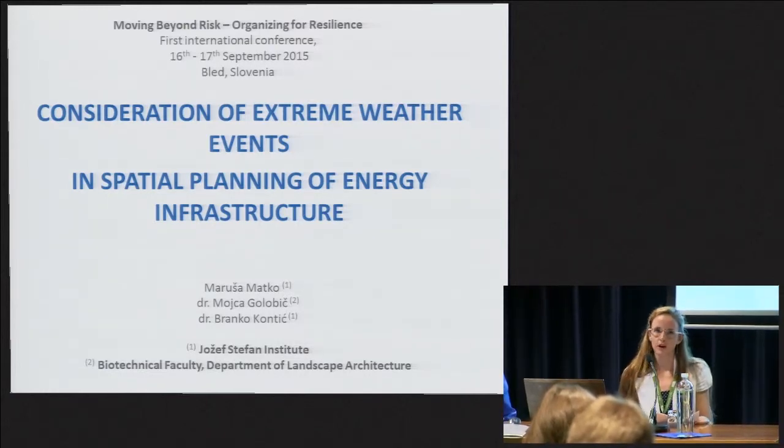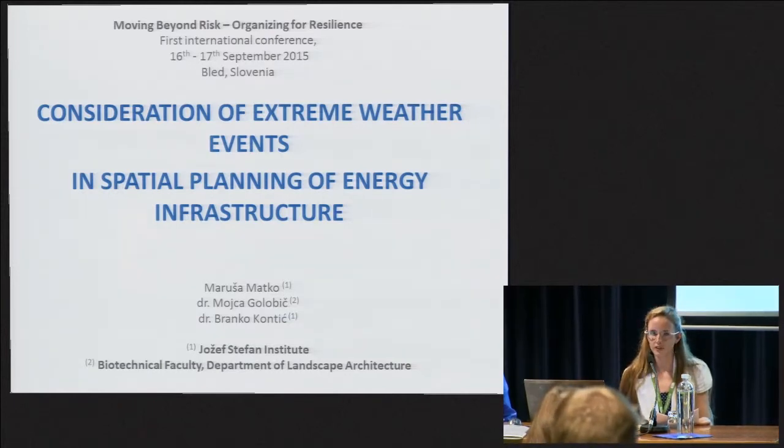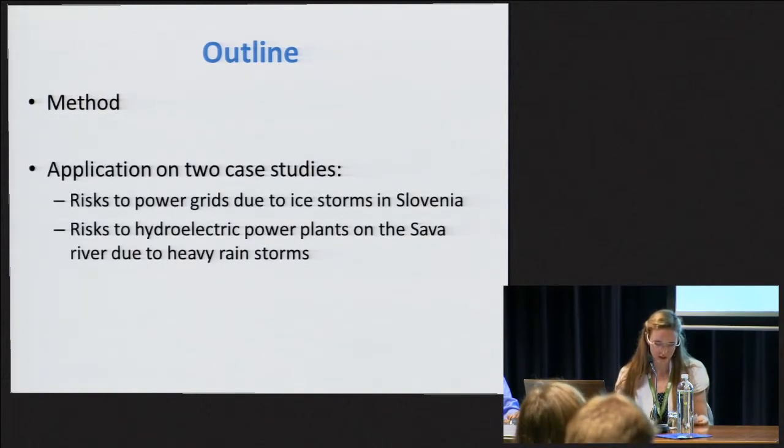The research is a part of a coordinated research project under coordination of the International Atomic Energy Agency. First, I will present a method that we developed for integration of risk assessment into spatial planning, and then I will show how this approach was tested and applied in 2 case studies in Slovenia.